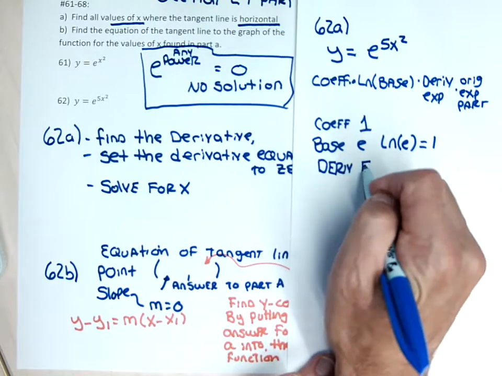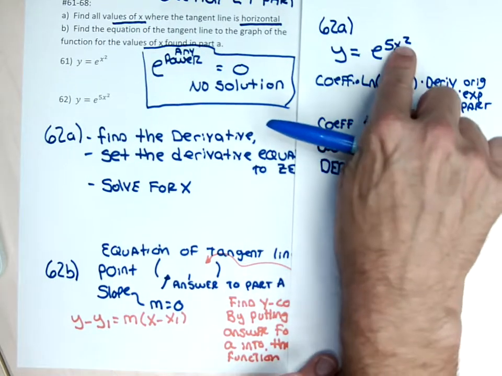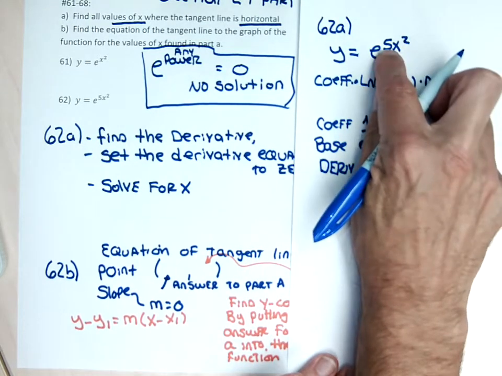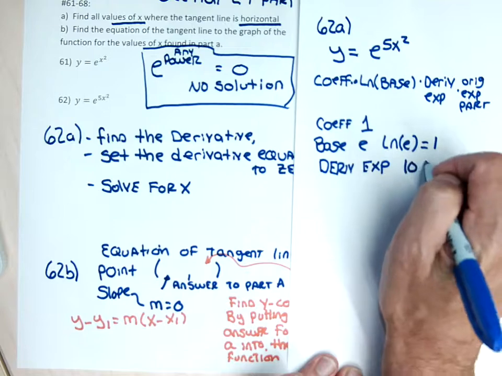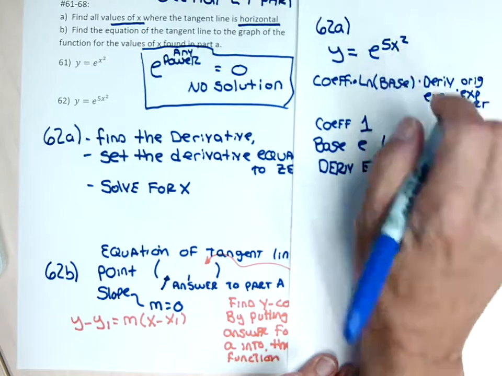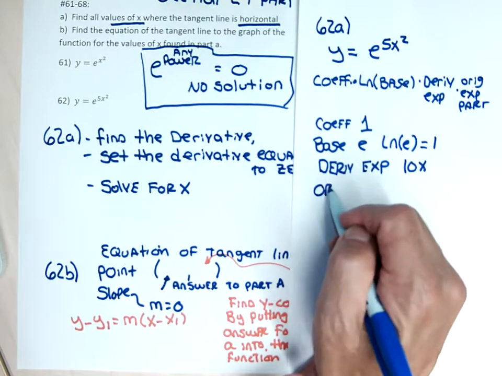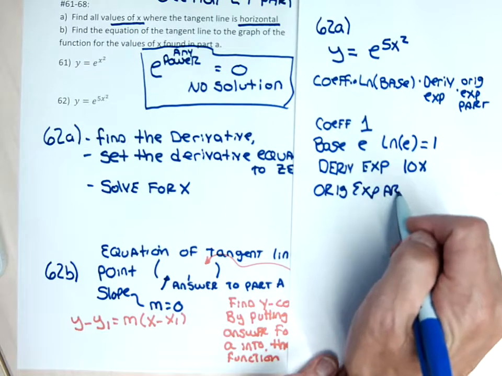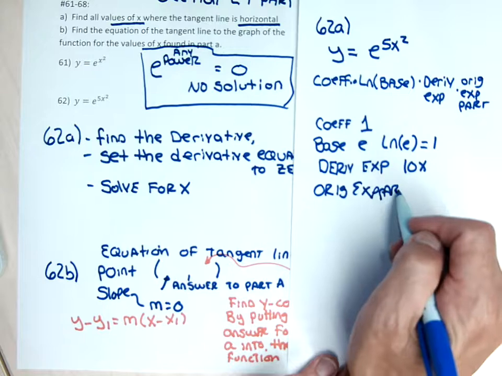The derivative of the exponent, 5x squared: I go 2 times 5 is 10, lower the exponent by 1 and get 10x. And then the original exponential part is the whole function. It's everything but the coefficient, if there was a coefficient.